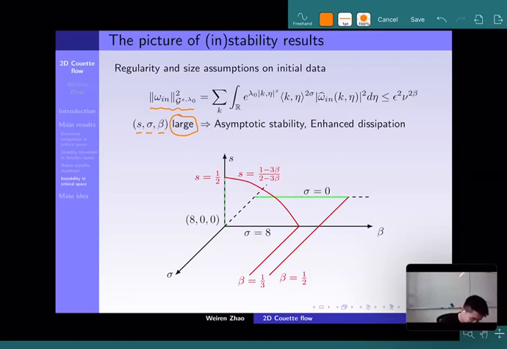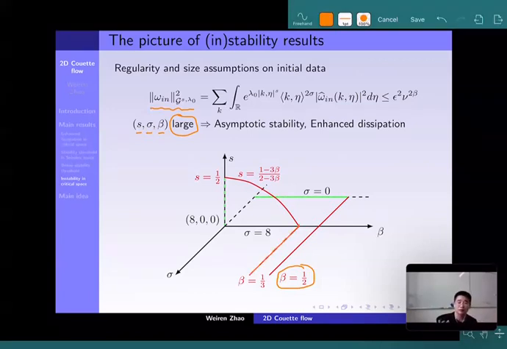So beta equal half, then you do not really require any regularity in s and sigma. You can take s to be 0 and sigma to be 0. And if beta is 1/3, then you require sigma to be 8. In our previous result, we can lower this sigma to 8.